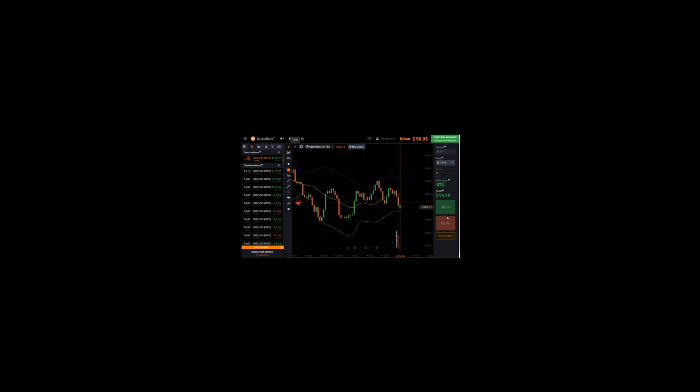I'm winning now and it looks promising because it hasn't reached the Bollinger Band yet. It will go towards the bottom Bollinger Band. Okay, here we go.